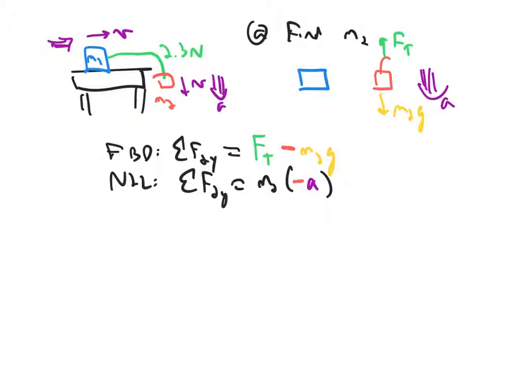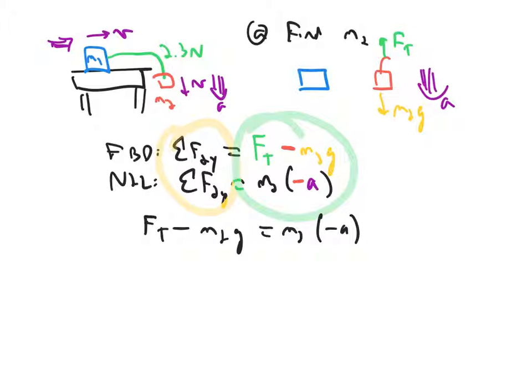And because these things are equal, we have Ft minus M2G equals M2 times minus A. Then we solve this by bringing M2 to the other side.